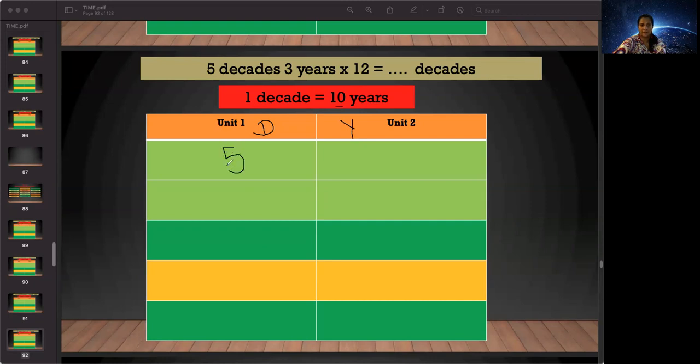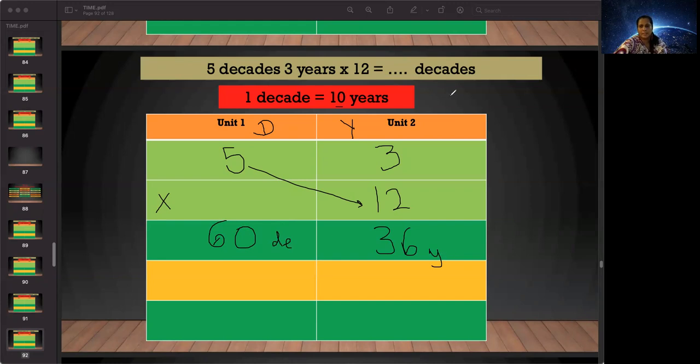Now, 3 times 12 is 36. You must know your times tables. So this would be 36 years. And 5 times 12, if you know your times table of 5, it's 60. So this is 60 decades and 36 years.